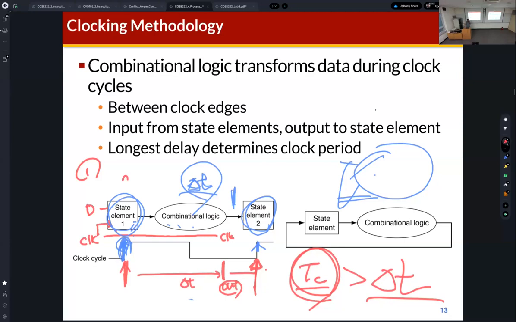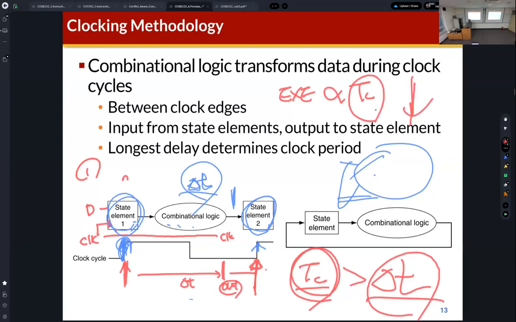It's also the same for a computer processor, because a computer processor also requires a clock. This clock period will be determined by this delta T, the delay of combinational logic. And we also learned that execution time is proportional to the clock period TC. So we need to reduce TC to improve the performance of a computer system, right?